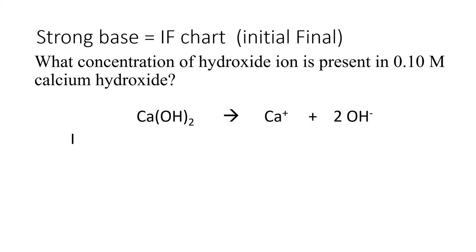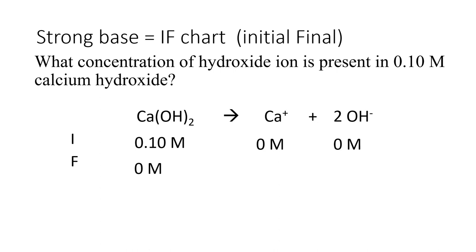For our initial, we have, according to our problem, 0.1 molar calcium hydroxide. And again, with a strong base, we start with absolutely none of the products. It switches to the final where I will have absolutely none of the calcium hydroxide because it ionizes completely. Again, notice we have a forward reaction only. There is no equilibrium here.